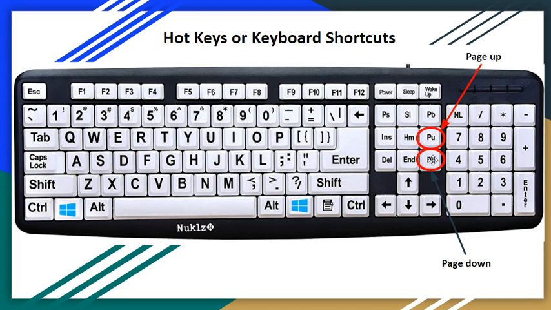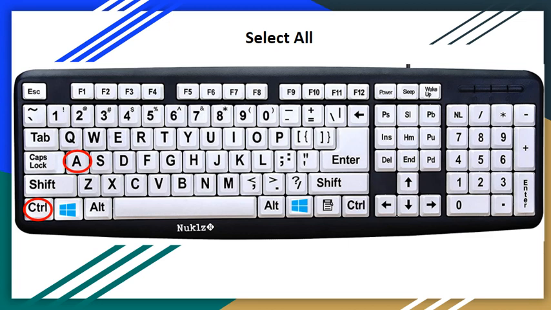The first one that we'll talk about is Select All. If you have a document and you want to select all of it so that you can change the font or font size, you can hold the Control button down and press A, and that will select everything within the document.